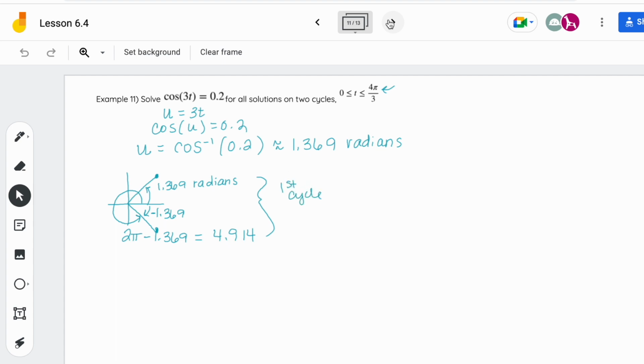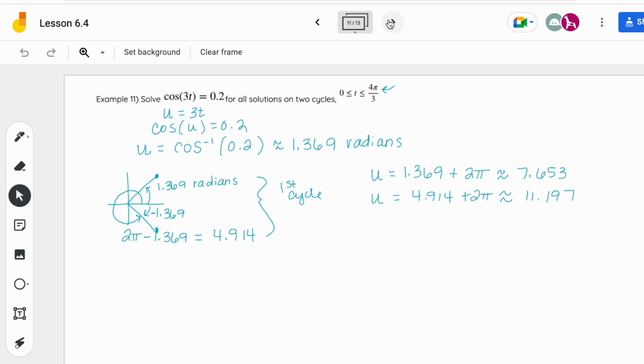Thus, u has to equal 1.369 plus 2 pi, which is approximately 7.653. And u also will have to equal 4.914 plus another round for the second cycle, or 11.197.